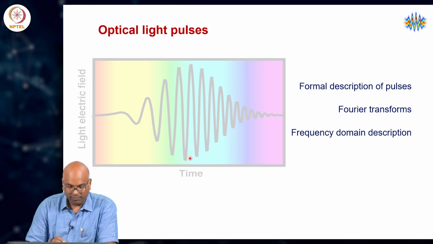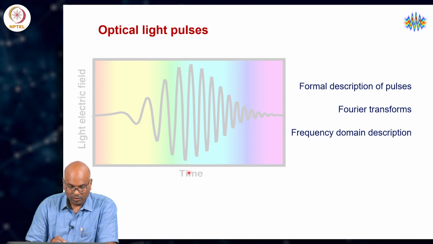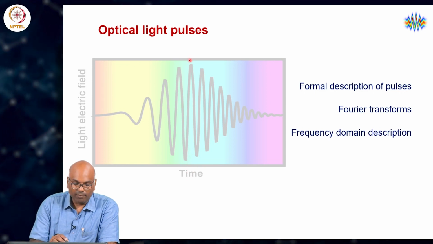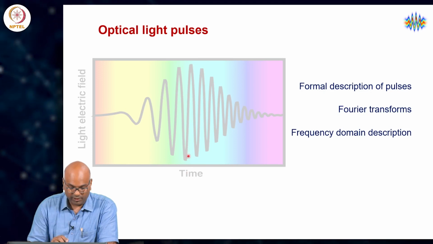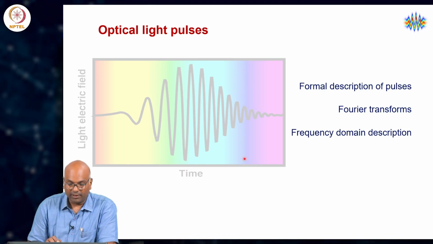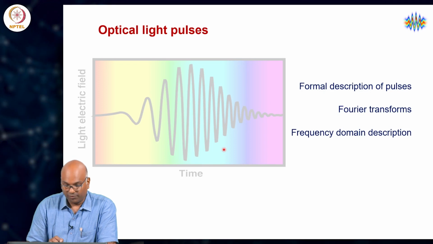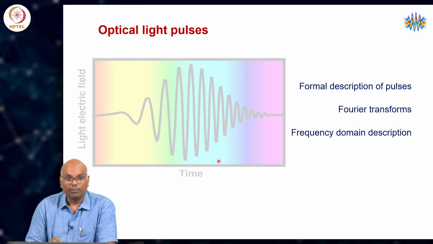In it we define the zero of time to match the maximum of the envelope, which you can see here, and referenced with respect to that zero we have a negative and positive side of the pulse.